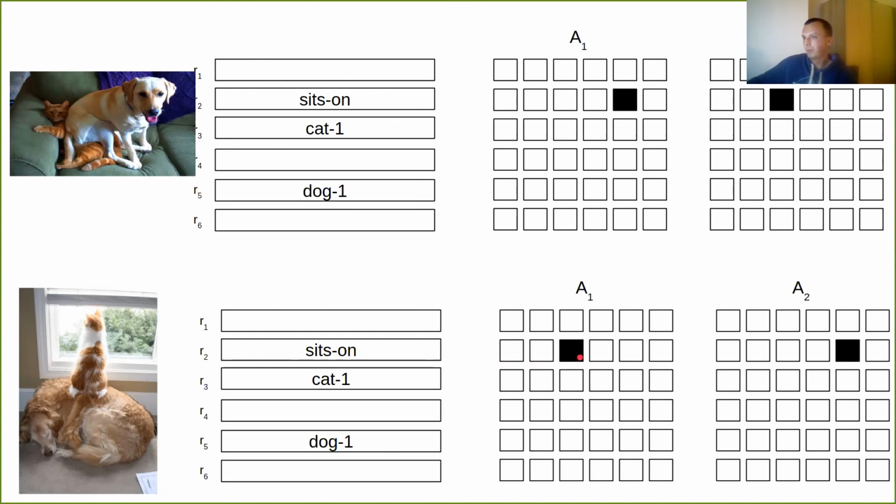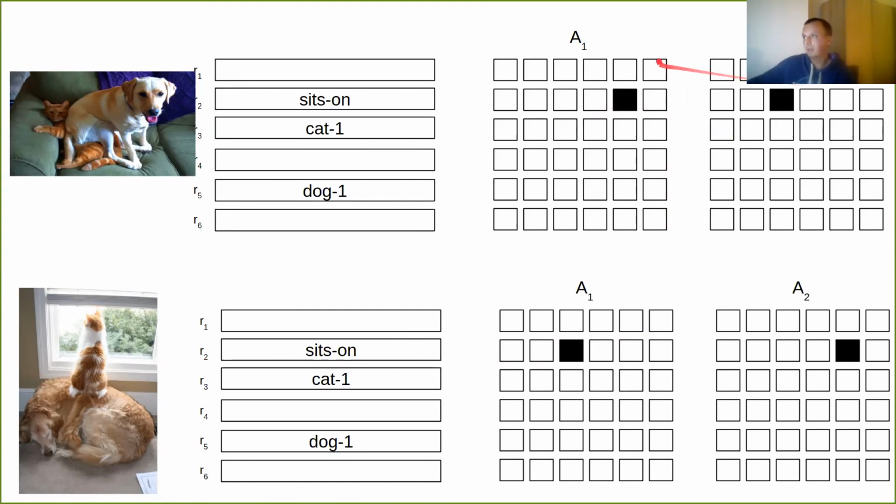So by activating this neuron, I know that the first argument of sits on is in slot 3. And by activating this unit, I know that the first argument of sits on is in slot 5.